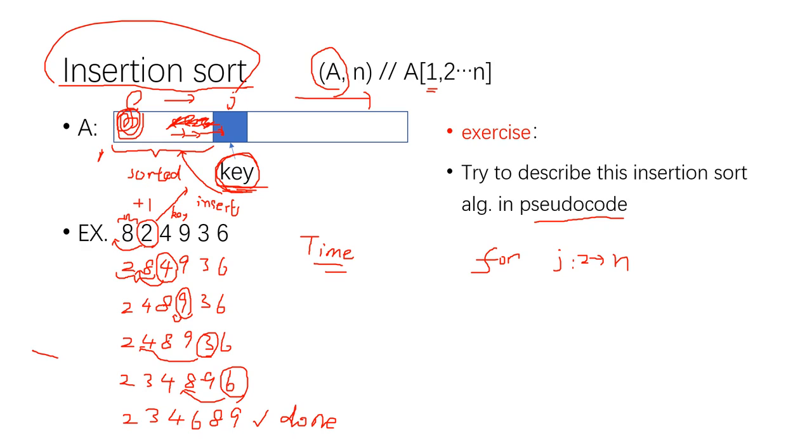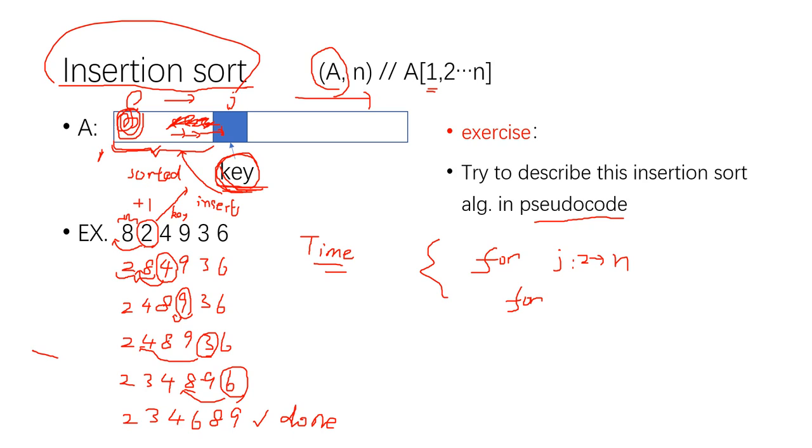Then we need the inner loop. What the inner loop does is compare all the numbers before the key, right? We need to compare the key to the previous one, that is J minus 1 and J minus 2, until you find the right place for J. So we have an inner layer of loop.